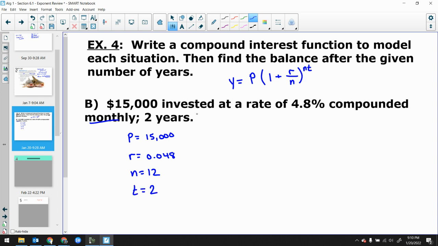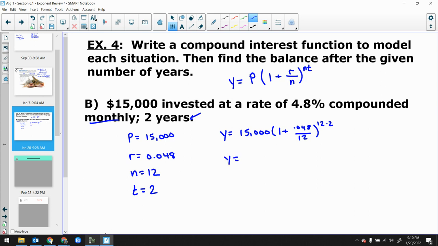Now, I shouldn't expect to see so much growth because I'm only going 2 years. Don't think that this is going to be like, oh, I'm going to get $1 million. No. Okay, invest $15,000, and then it's 1 plus 0.048 over 12, raised to the 12 times 2 power.